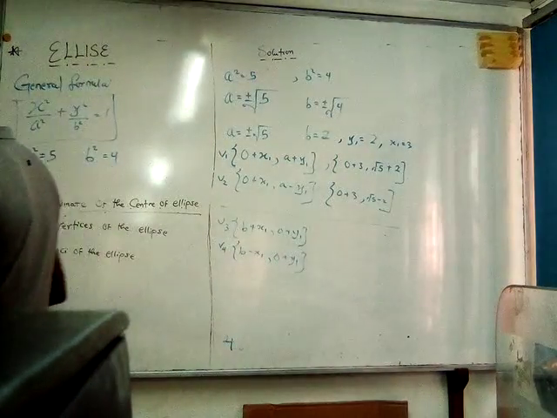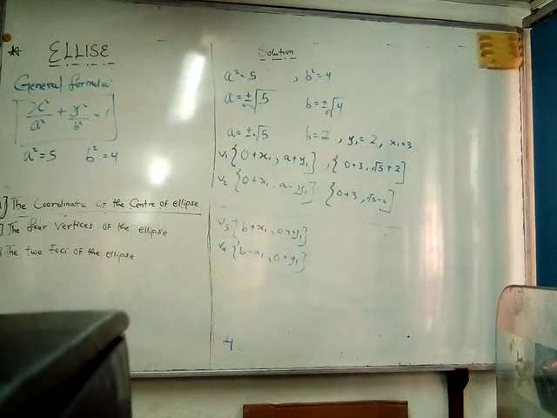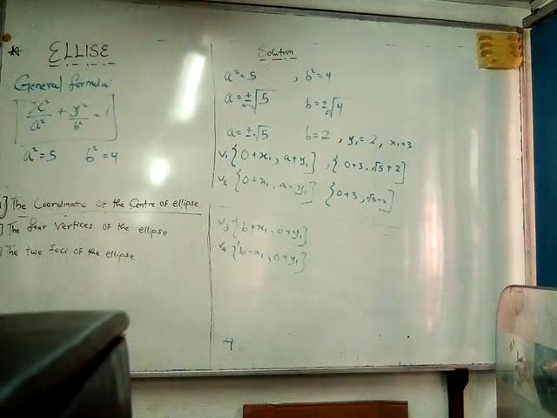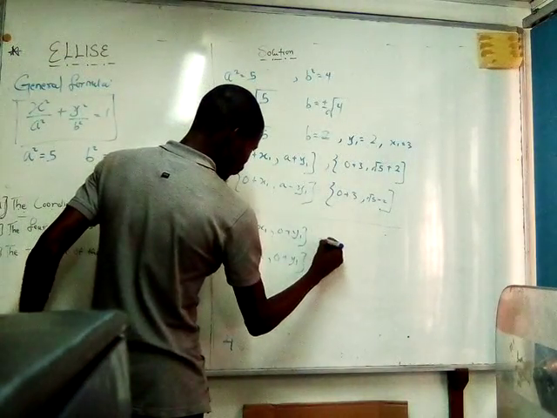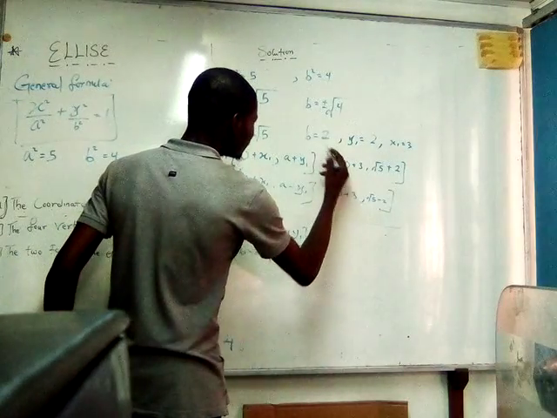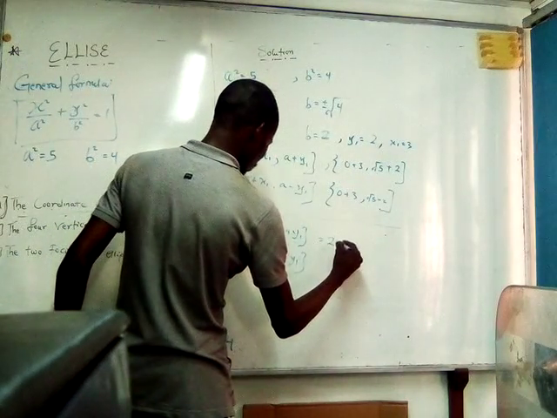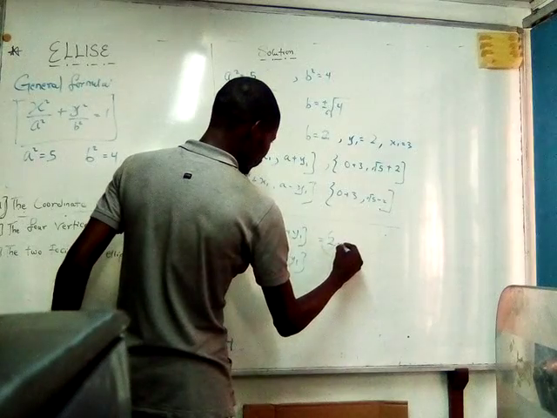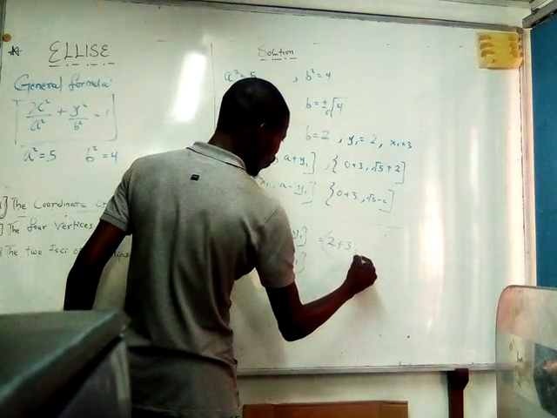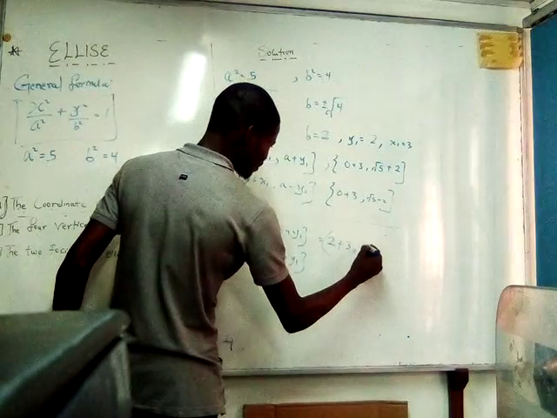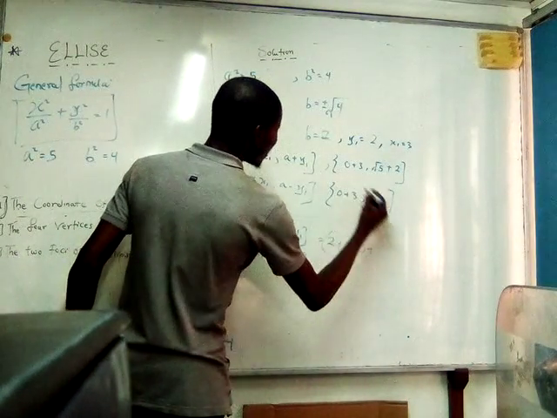We close it back. So we move forward. We are going to equate the same values here. What is our b? Our b is 2, plus what is our x? Our x is 3, comma, what is our y? Our y is 2.